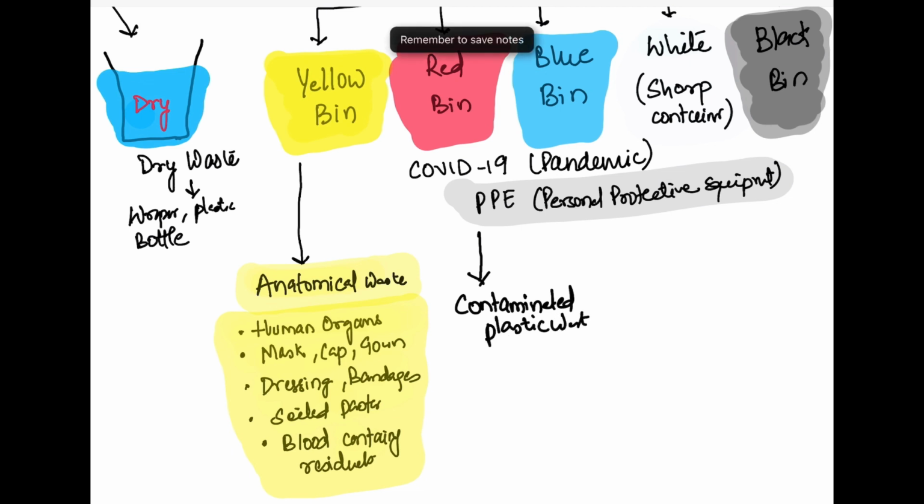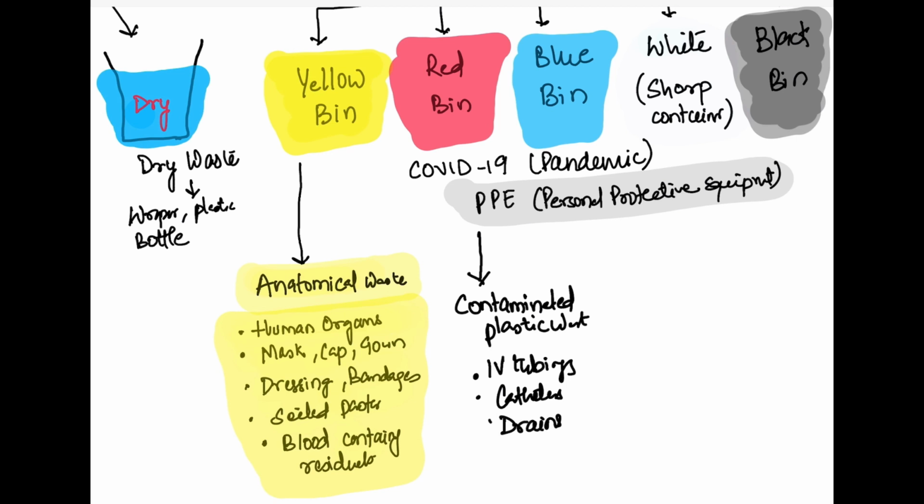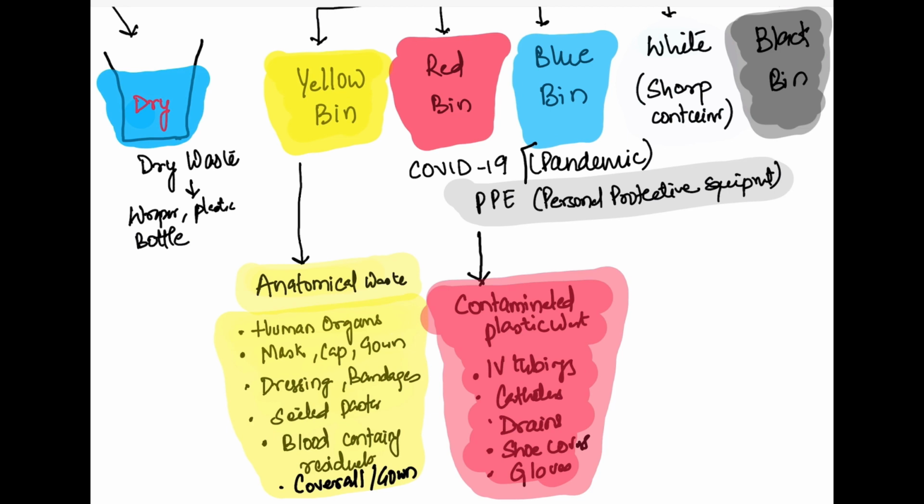In this we are putting the IV tubings, catheters, some drains, importantly shoe covers, and gloves, very important. And one thing I want to write here is that we are putting a coverall also here, that is your gown.